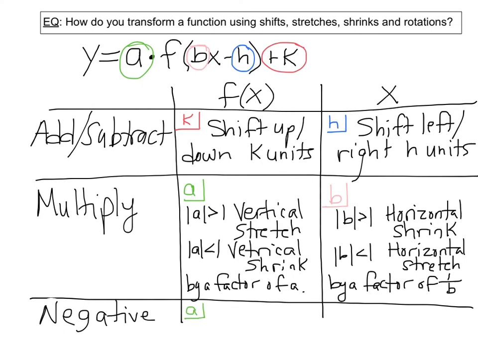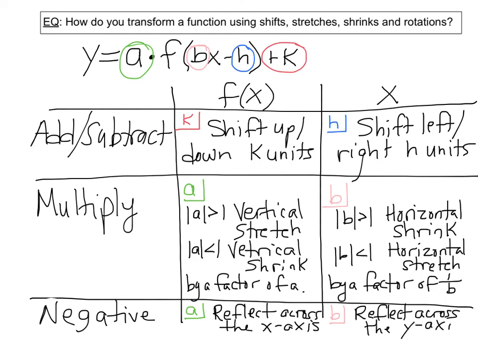When a is negative for f of x, that's going to cause a reflection, or we're going to reflect the graph across the x-axis. And what happens when there's a negative in front of the x? So that's b. Whenever b is negative, that's going to cause our graph to reflect across the y-axis.